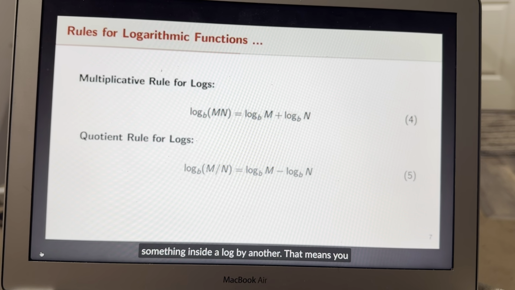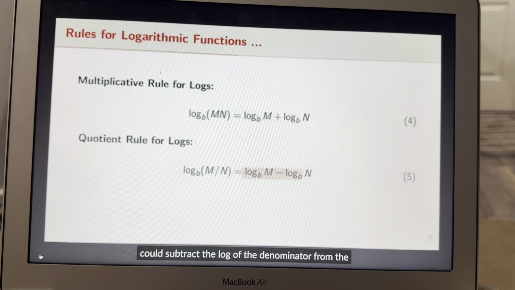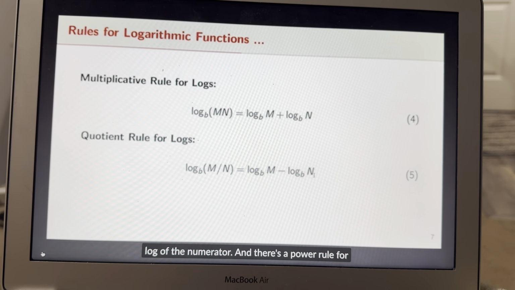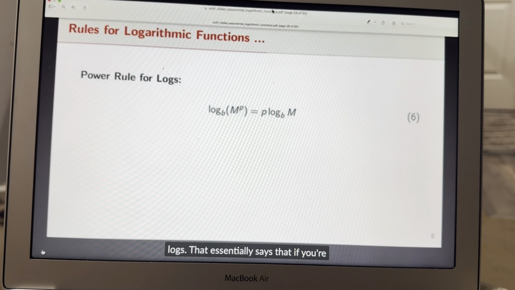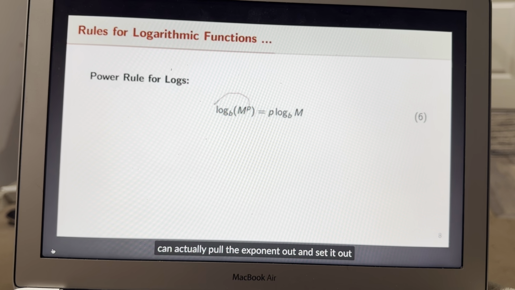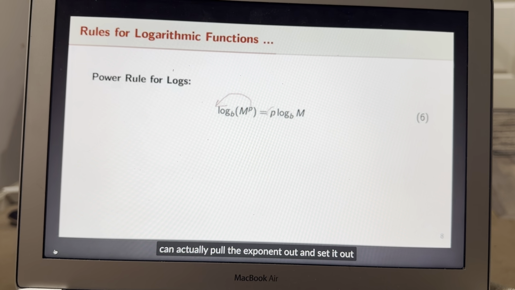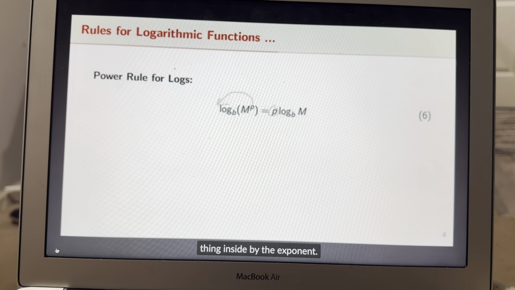Suppose you're dividing something inside a log by another. That means you subtract the log of the denominator from the log of the numerator. And there's a power rule for logs that says if you're exponentiating an object inside of the log, you can pull the exponent out in front of the log and multiply the log of the thing inside by the exponent.